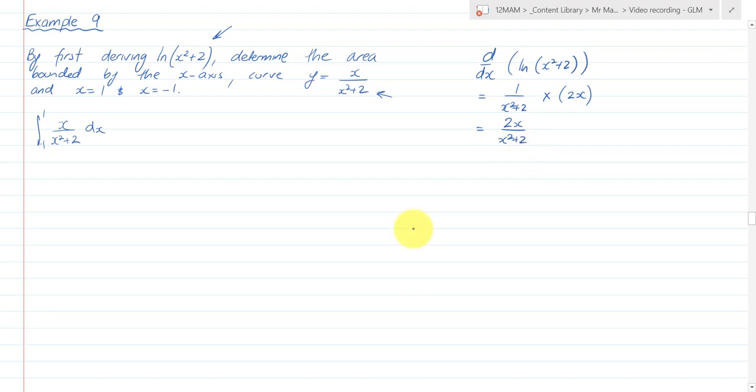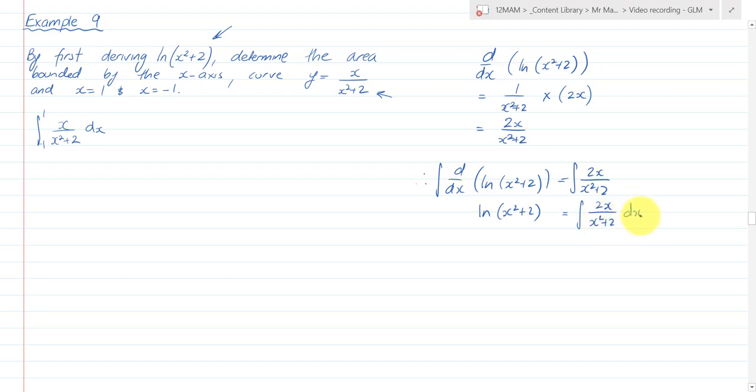So what that tells me is that the derivative, d dx, of log x squared plus 2 is equal to 2x over x squared plus 2, which in turn tells me that if I integrate both sides like this, I get just log x squared plus 2 equals the integral of 2x over x squared plus 2 dx.